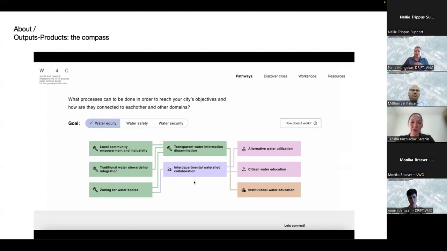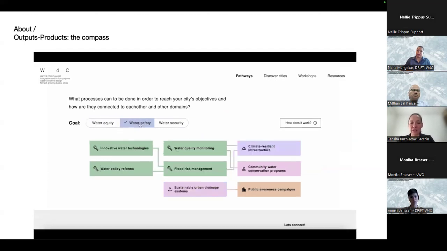And you see here the dimensions which are important: transparent water information, interdepartmental watershed collaboration. And if you click on one of them, it will open other conditions, other qualities that we must have to achieve, for instance, transparent water information dissemination and so on.